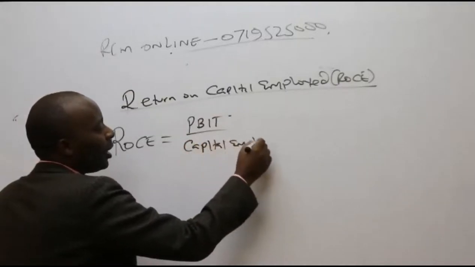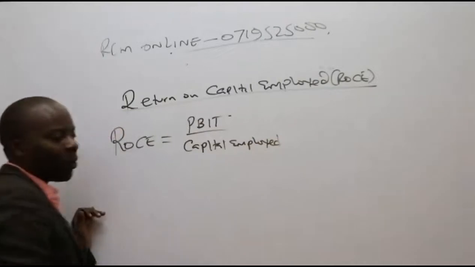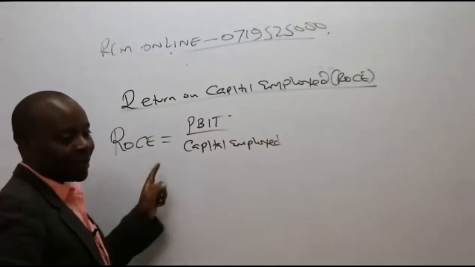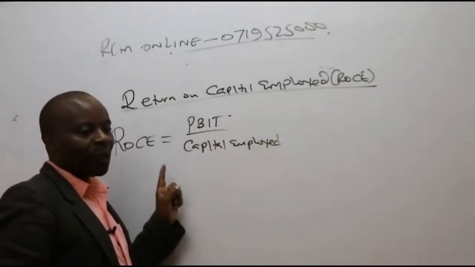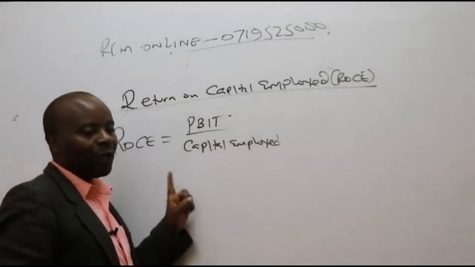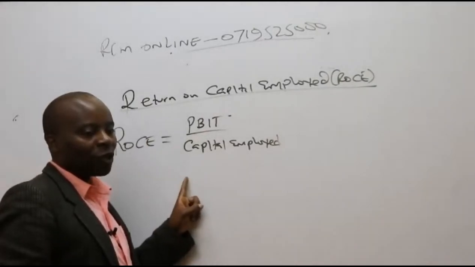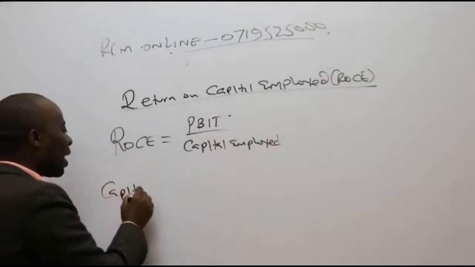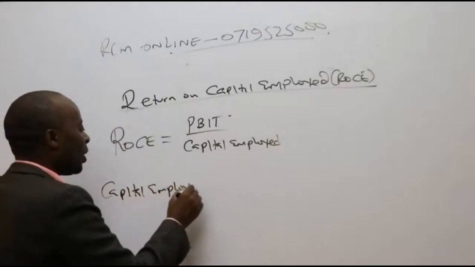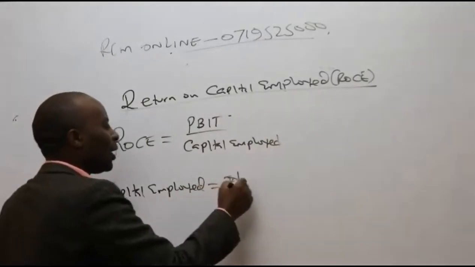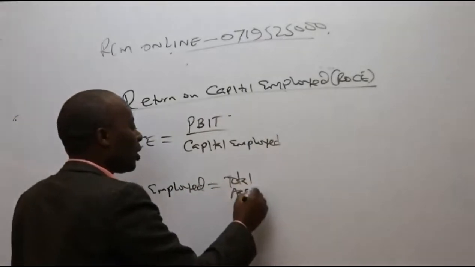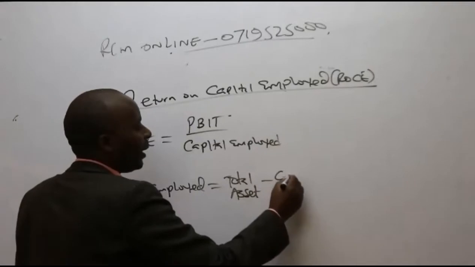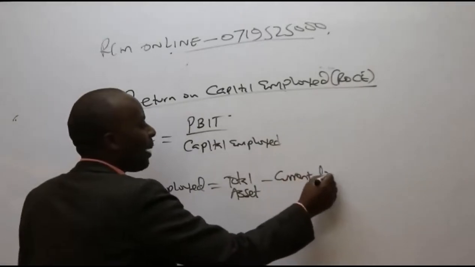Capital employed is the same as net assets. Ideally, we need to take the total assets of the firm minus the current liabilities.